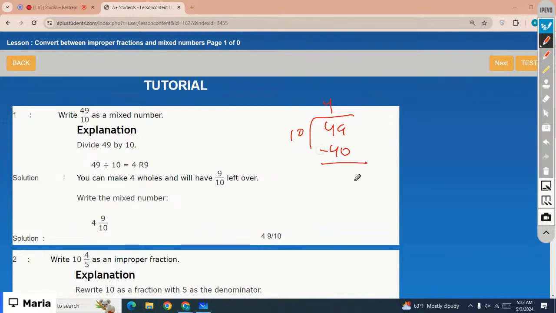And 49 take away 40 is 9. So that would be the whole number 4, whole 9 divided by 10. The correct option is 4 whole 9 divided by 10.